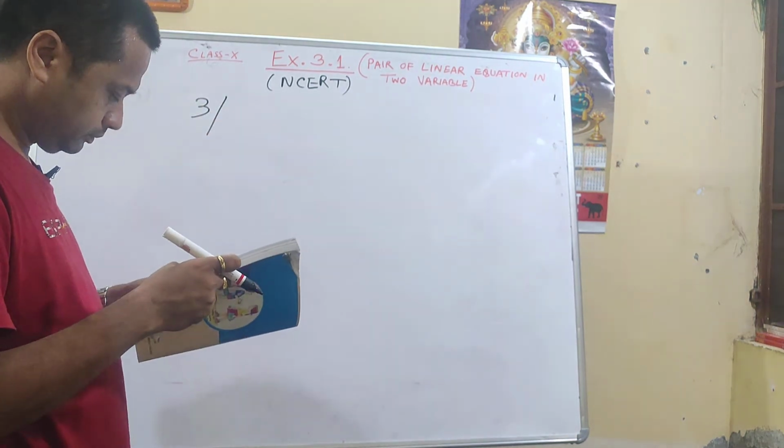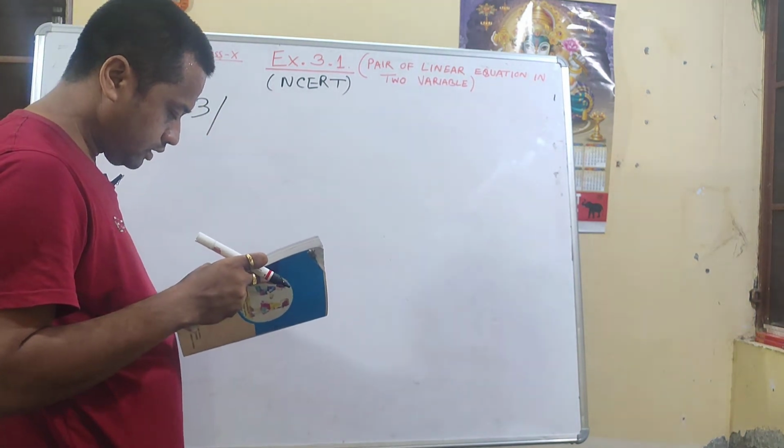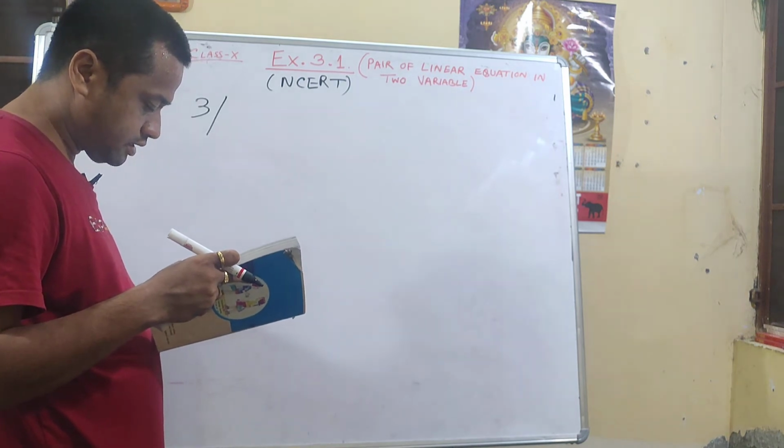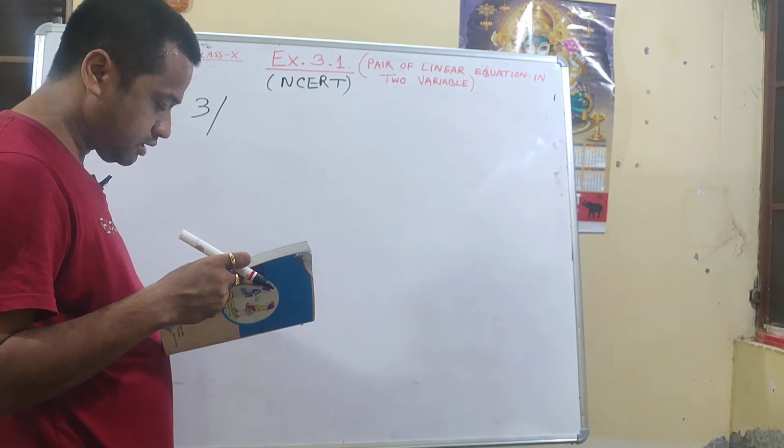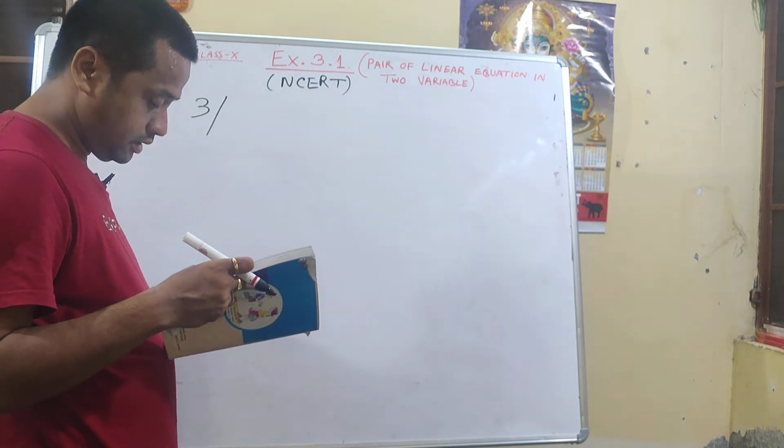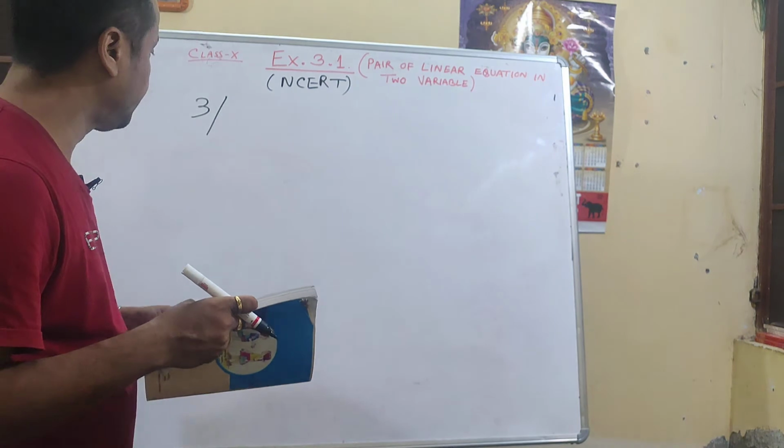Question number 3, the last question. The cost of 2 kg of apples and 1 kg of grapes on a day was found to be rupees 160. After a month, the cost of 4 kg of apples and 2 kg of grapes is rupees 300. Represent the situation algebraically.